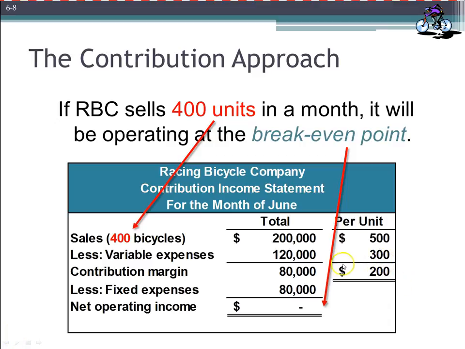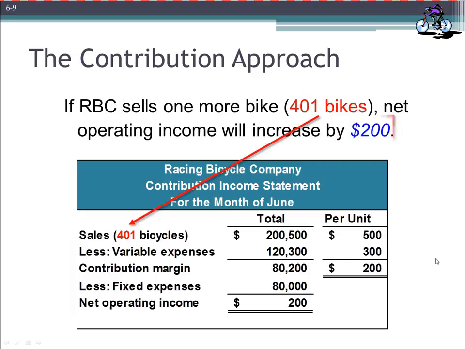And just by knowing what the contribution margin is on a per unit level, we know that selling one more bike will increase our profit and our contribution margin by $200. This is what it looks like if we sell 401 bicycles, right?